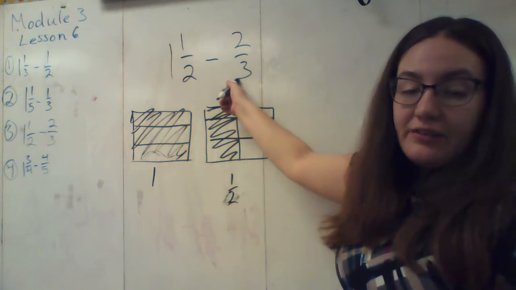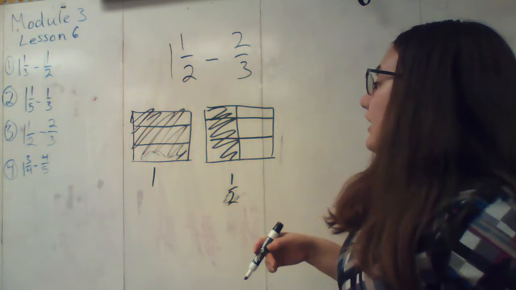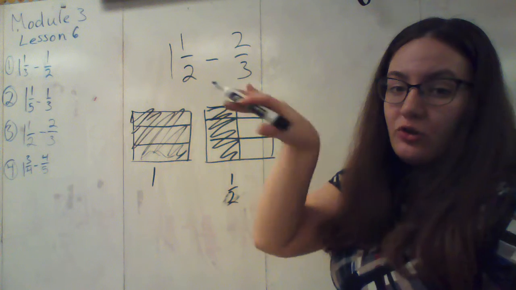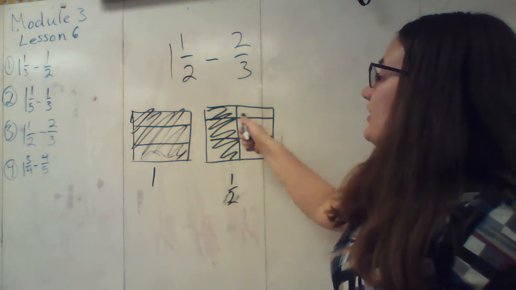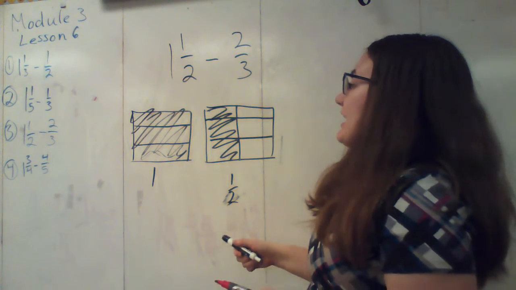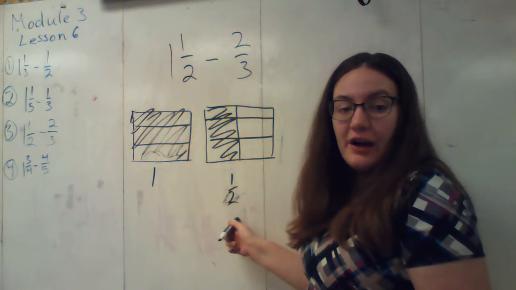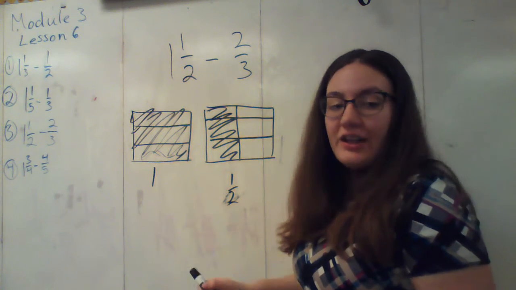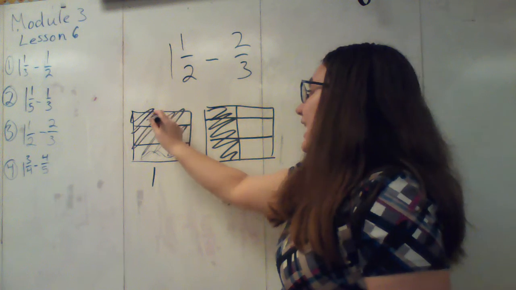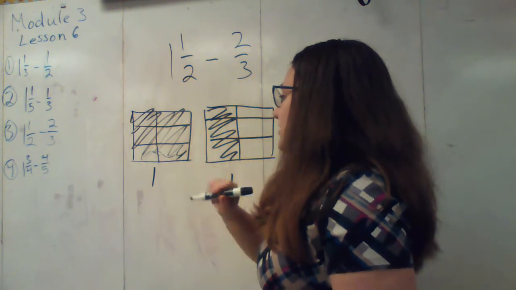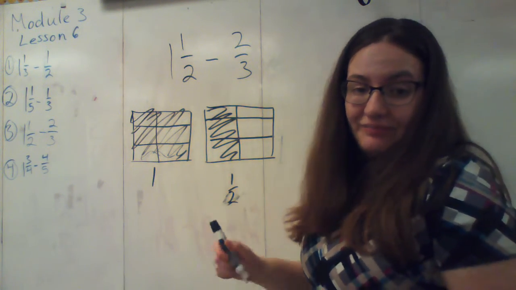So you always look at the second fraction and think about how many pieces you need to cut it into horizontally. So I'll cut it into thirds horizontally. And now, since I cut this model in half, I also need to cut this model in half so that it still shows the same thing.